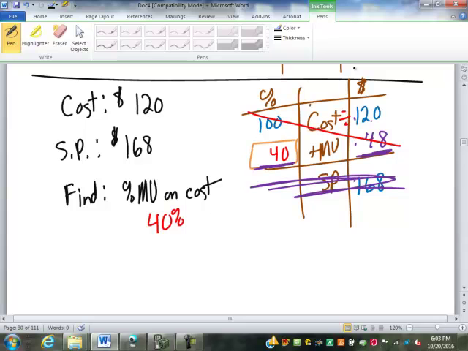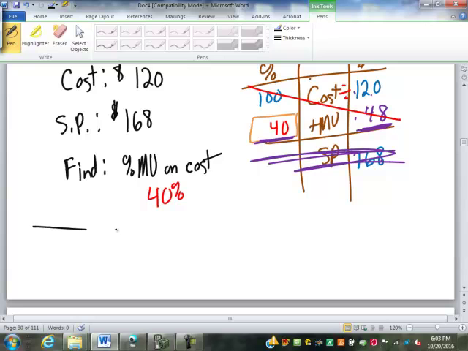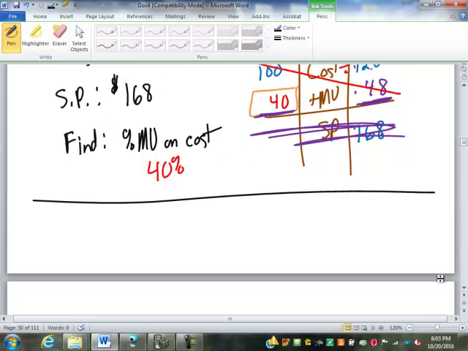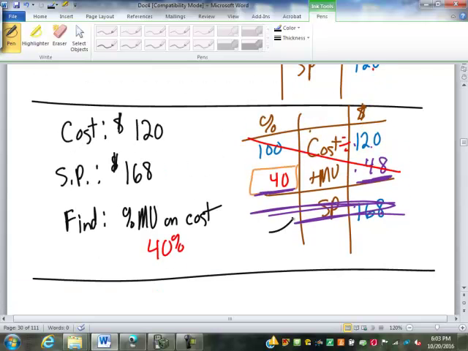There are times where you have to subtract from the 100 or add from 100, depending on whether it's based on cost or selling price. It's going to take me a while to get to it, so hang in there. I can't jump to it right now because we're not close enough. If it were based on selling price, the 100% goes here. So you have to be careful to know whether you're adding or subtracting.